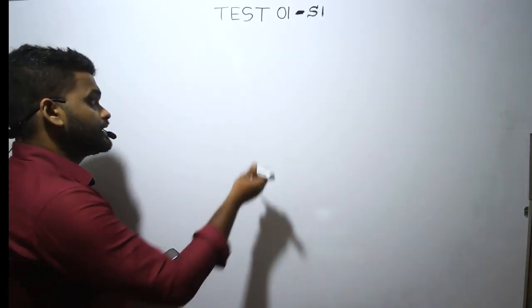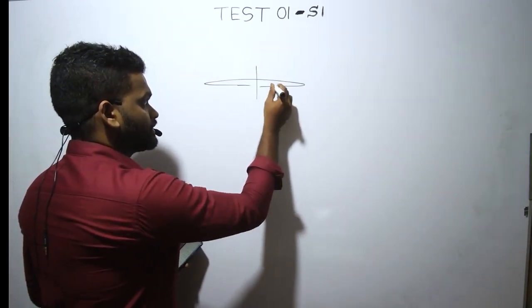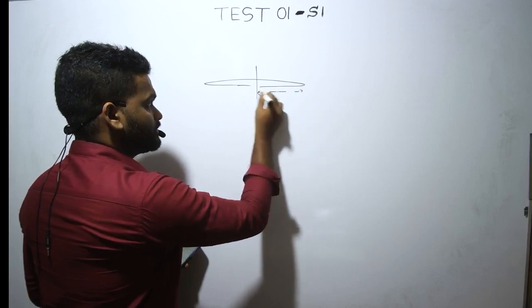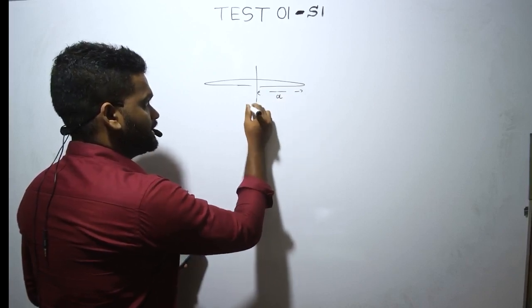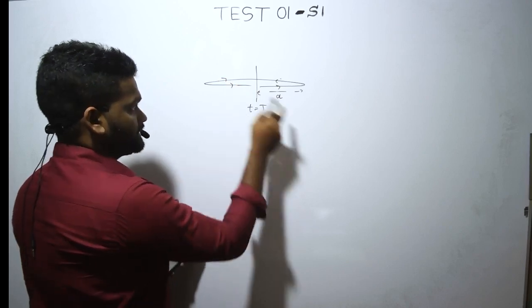Fourth question. A small object in simple harmonic motion around point O. Its amplitude is A and the time period is capital T. Amplitude means from here to here it is A, and the time period is capital T in order to complete one cycle.